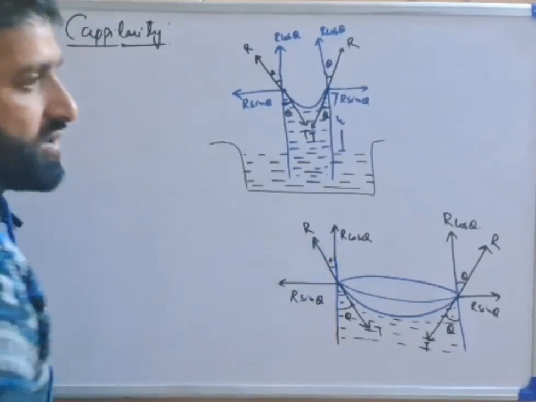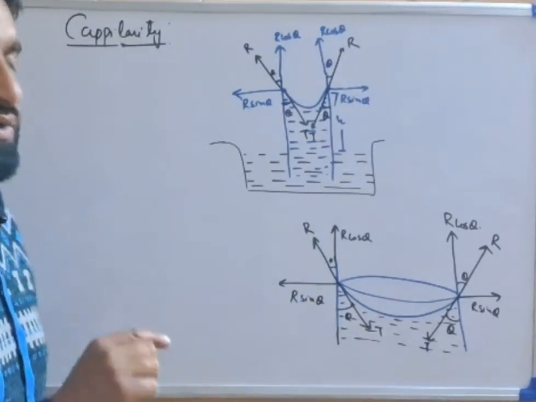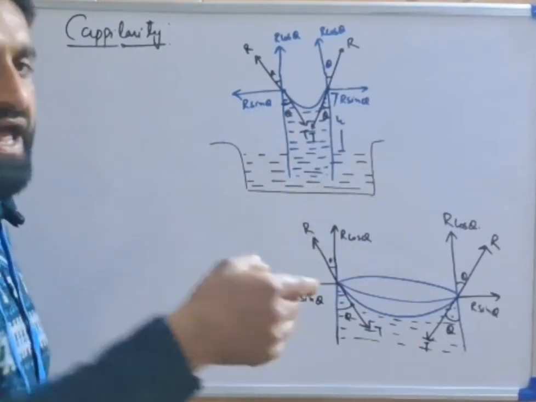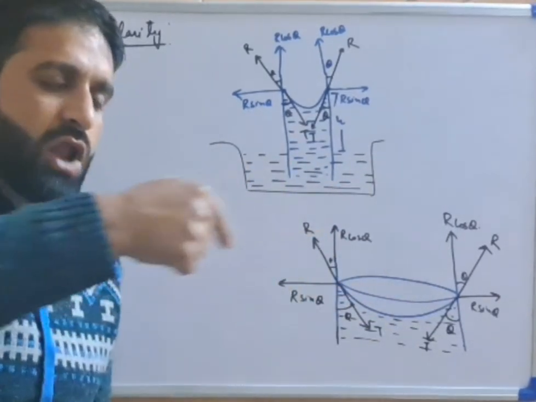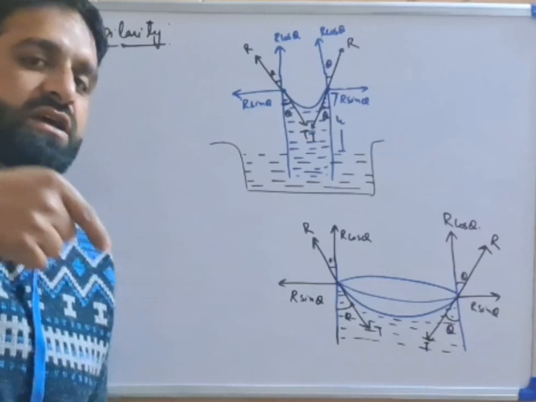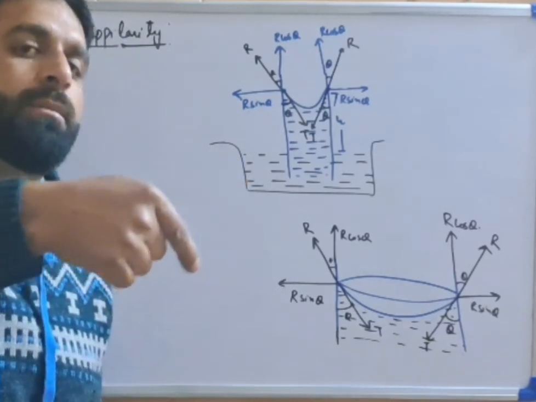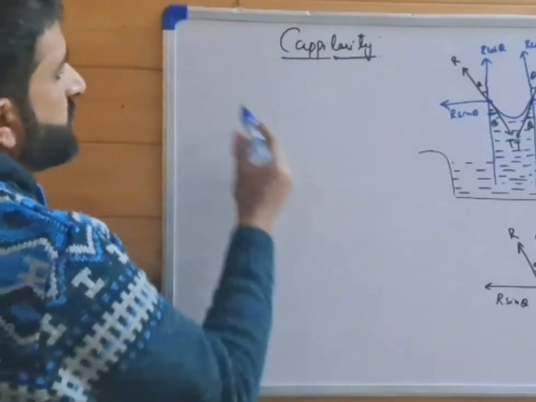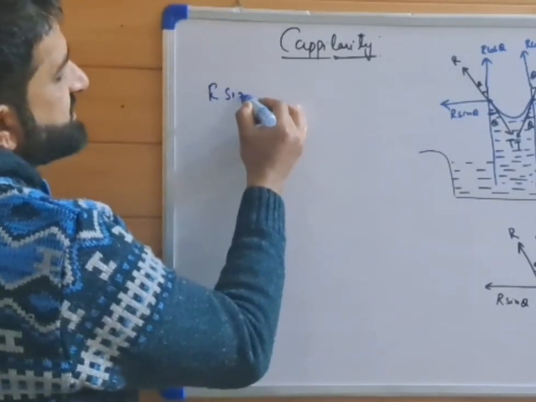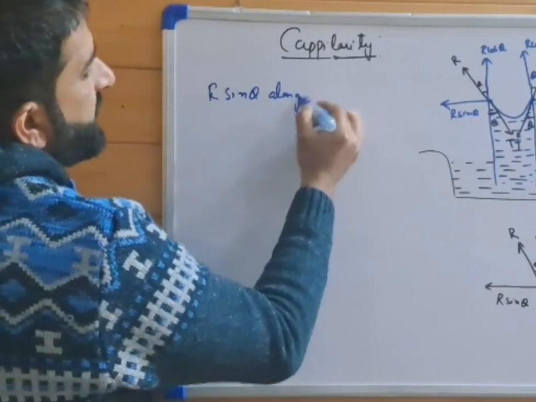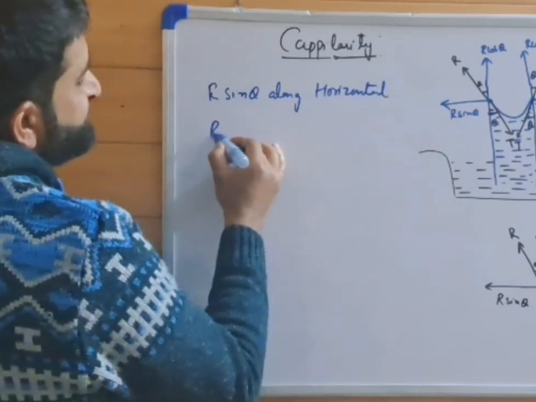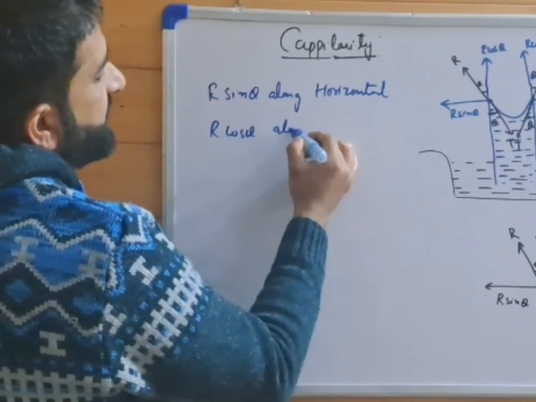So, this R cos theta draws the liquid up as it acts along the circumference of the meniscus. The shape of that meniscus is concave. So we have R sin theta along the horizontal and R cos theta along the vertical.